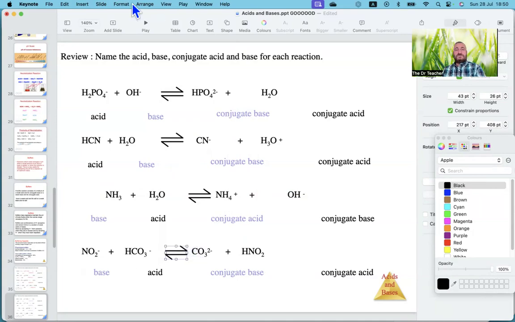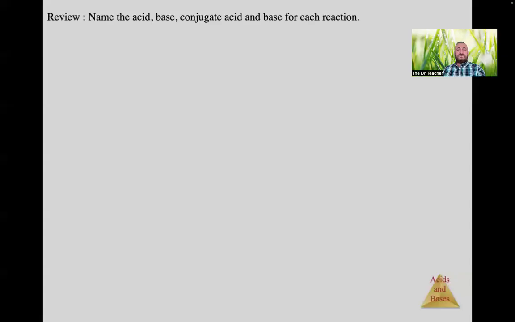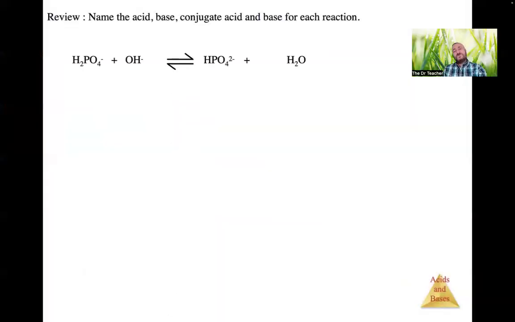Okay, now we come here and see which one is the acid and the conjugate. So H2PO4 minus and OH minus. What is happening here? There is this OH, it's a hydroxide. Hydroxide is a base. So H2PO4 minus will behave as an acid.